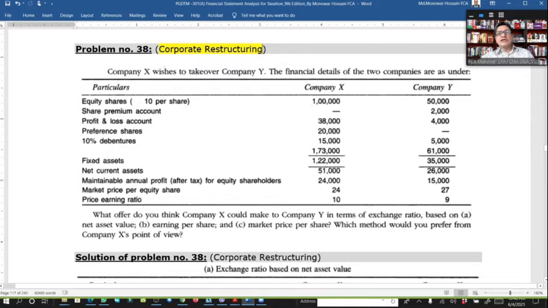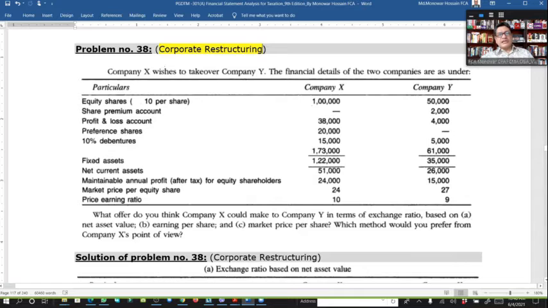Total 1,70,000, and here 61,000 total. Then fixed asset 1,22,000, here 35,000. Net current asset 51,000, 26,000.